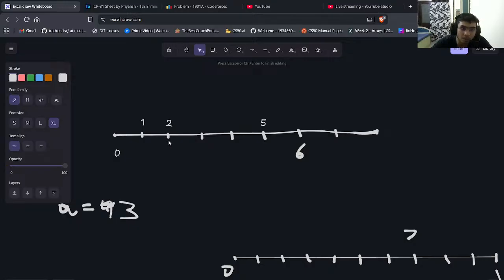Which one of them is the largest? We need one another array. Then this minus this, 2, 3, and then this one, 4, 2 times this minus this. That's all we need.